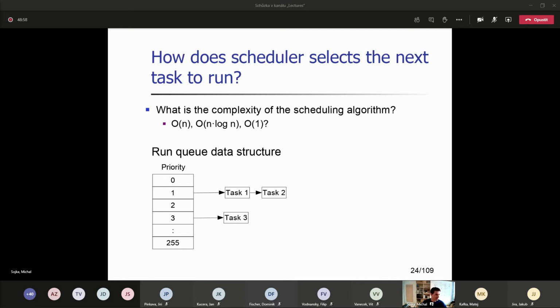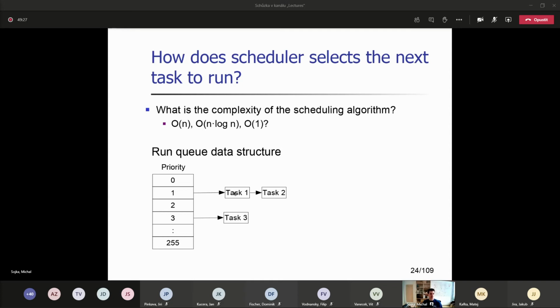You can see this data structure in this picture here. And typically, this is really how operating systems implement such a scheduler. Each task is represented by its task structure, it's this box here, and those task structures are put in a linked list according to their priority.